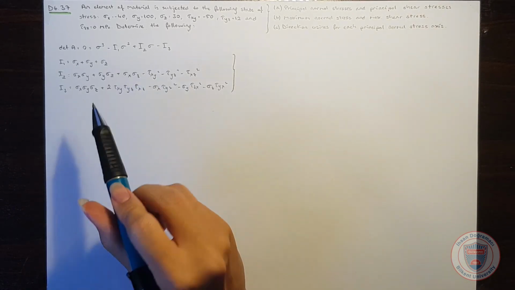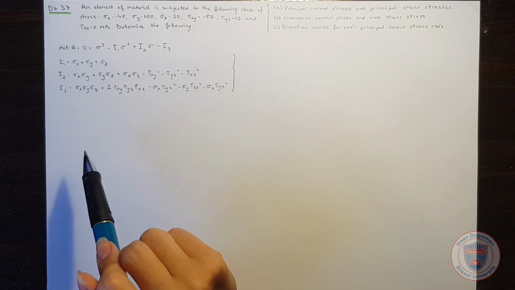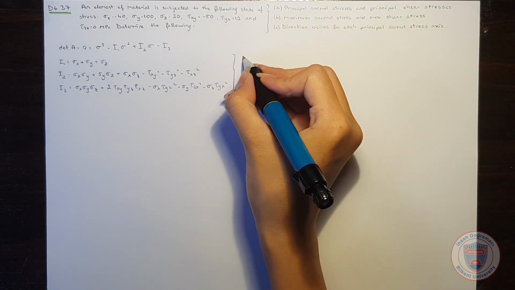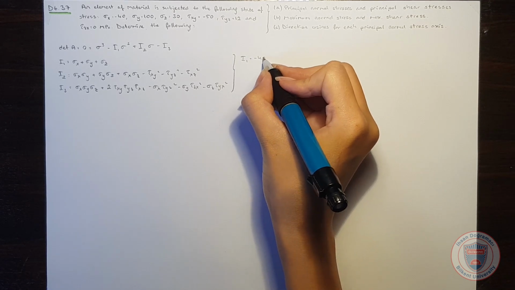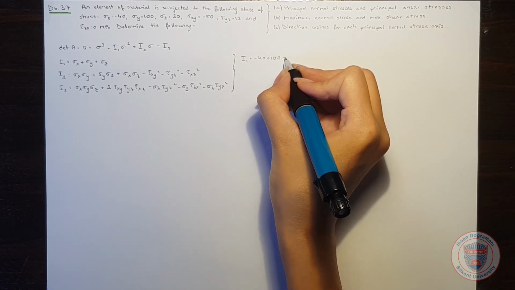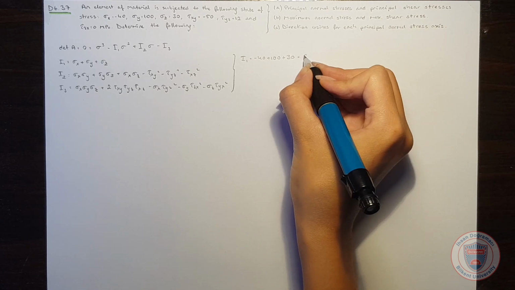When we substitute the given stresses in these equations, we will obtain I1 is equal to minus 40 plus 100 plus 30, which is equal to 90.